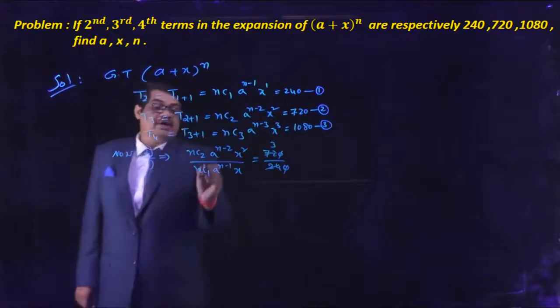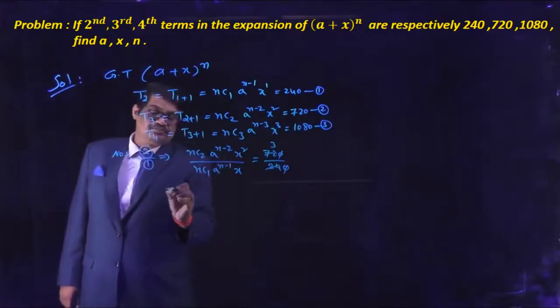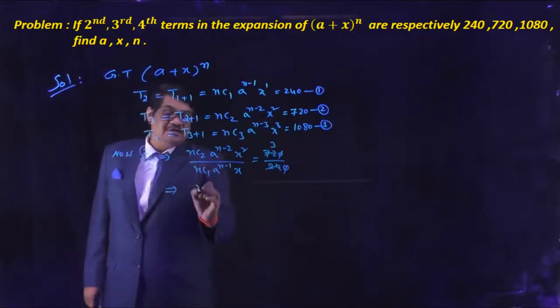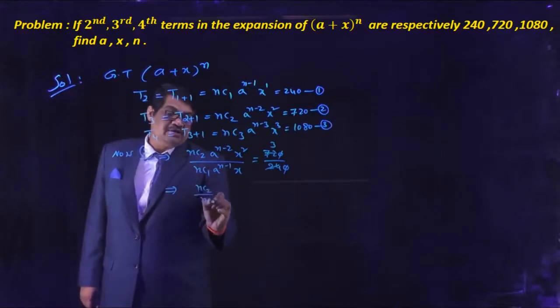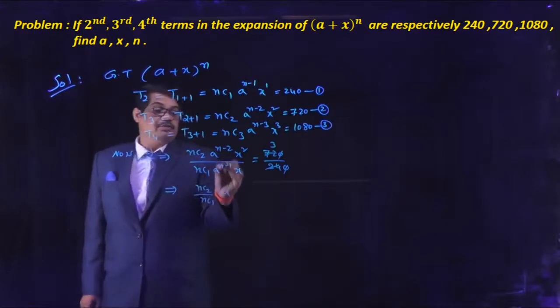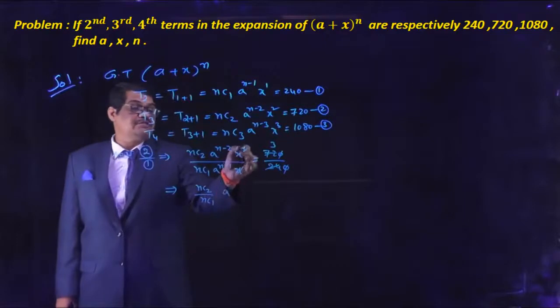Now we are writing nC2 by nC1. Here x^2 by x, one x is cancelled.